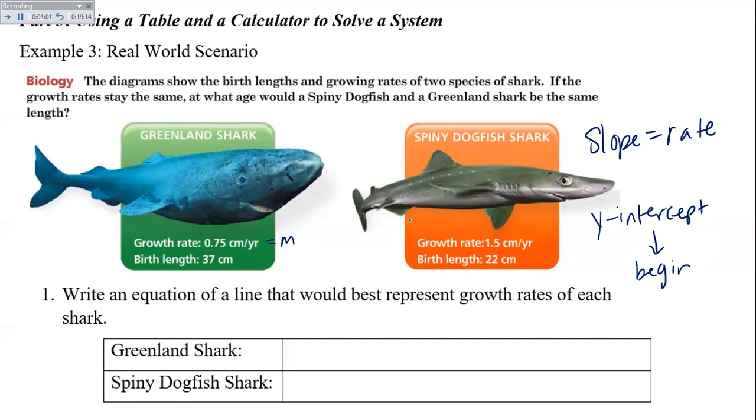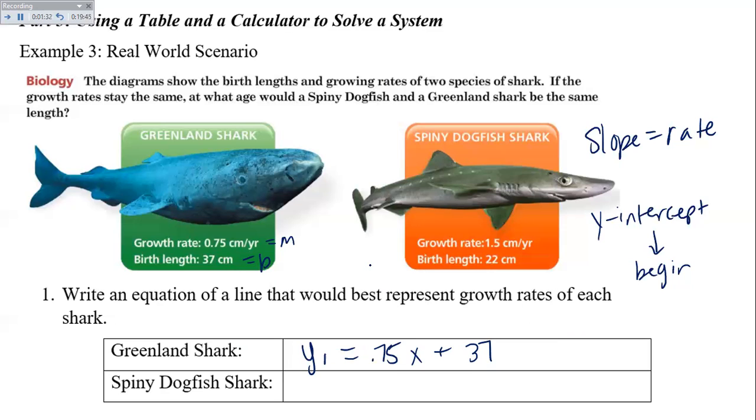Where do you start? Your birth is your starting point in life, right? So its birth is 37 centimeters. That's my b. So my equation would be, we're going to call this y1, equals 0.75x plus 37. Do we see how we came about that?